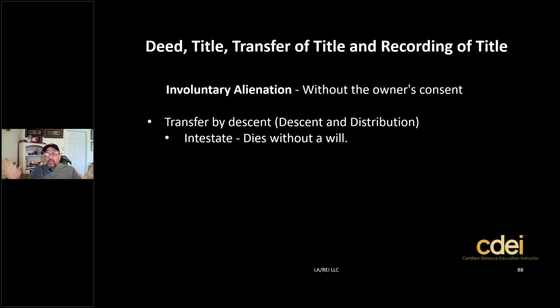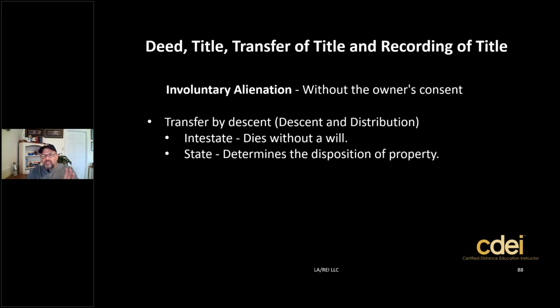But there's no will. There's no direct order on paper who the owner wants the property to go to. So the state law, and each state has their own descent and distribution laws, but the term descent and distribution means the law is going to decide. If there is no will that the owner grants to give the property to in succession, the state will determine through the descent and distribution law who's going to get the property.